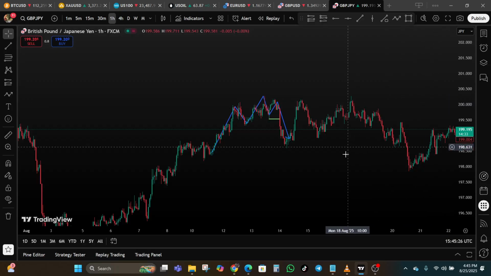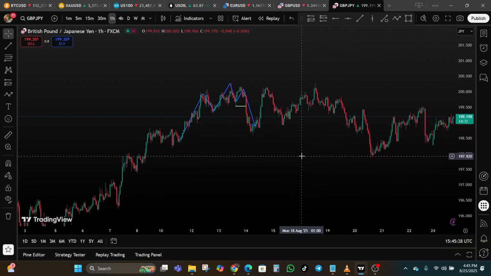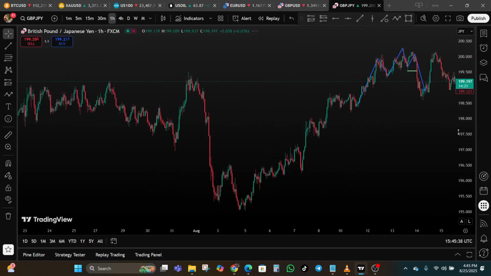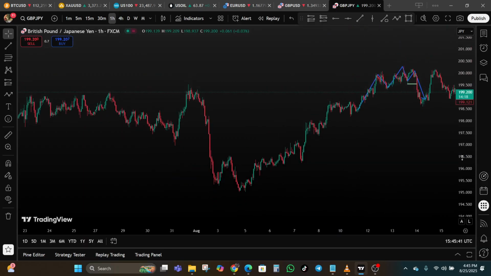So why do fake change of character setups happen? The answer is liquidity. That's just the simple answer, right? Institutions need liquidity to fill their large orders, and retail traders provide that liquidity.